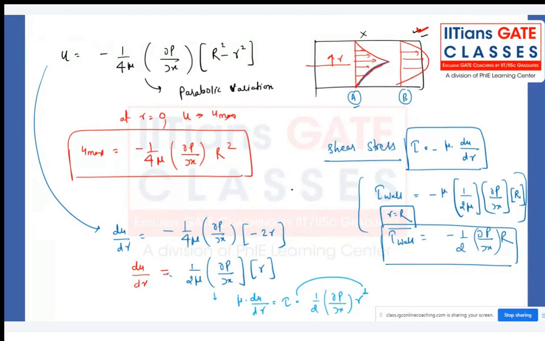Done. All of you have noted down. Now you are getting a maximum velocity value at the center line, but I'm asking you, what is the average velocity with which all the layers hypothetically move?